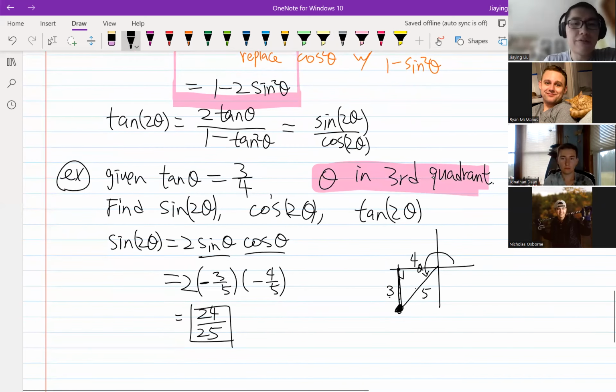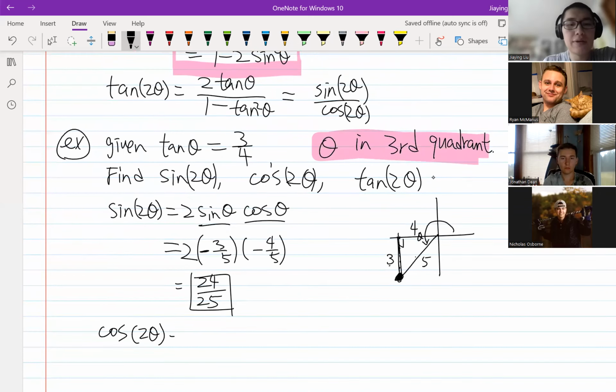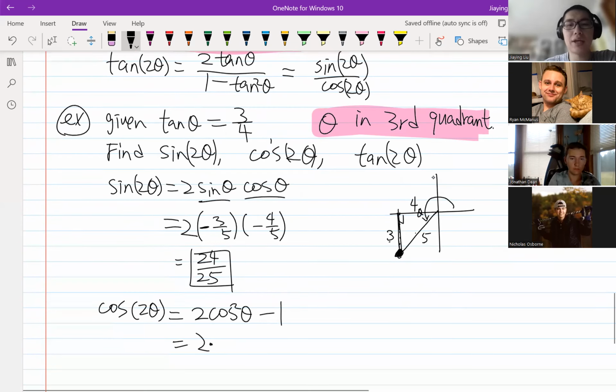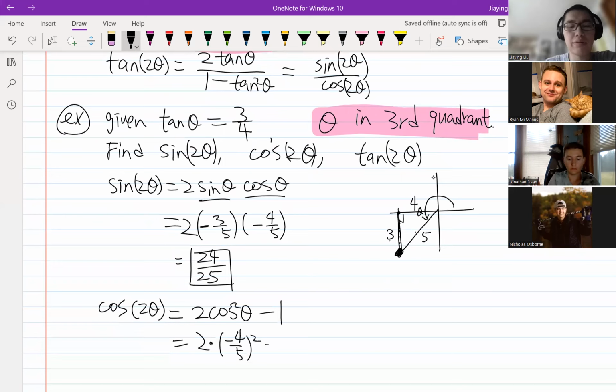And then if I want to find cosine 2 theta, I'm going to use one of the 3 formulas. Doesn't matter which one. You can use 2 cosine squared theta minus 1. So that's going to be 2 times cosine theta, which I already found is negative 4/5, squared, minus 1.